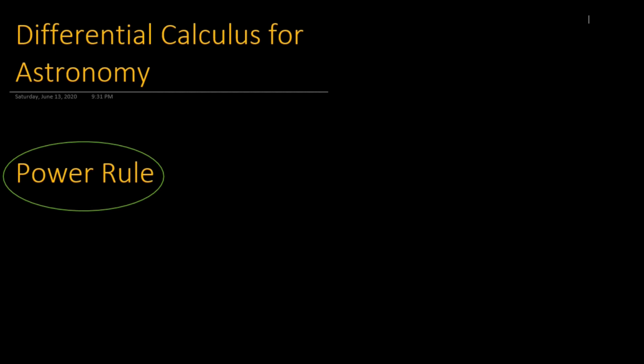Differentiation is actually the rate of change in a dependent variable with respect to an independent variable. So the rate of change in one variable with respect to another variable is called differential calculus.